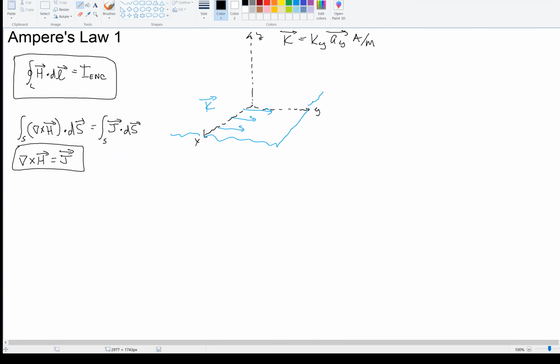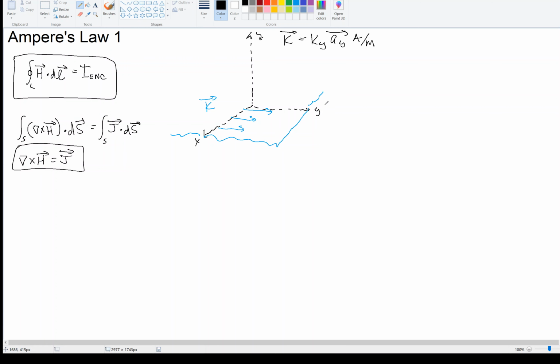Just like in the previous example, we knew that the magnetic field was circulating around the line of current. So we're going to try to get an idea of what the magnetic field looks like due to this. Actually, we know what it does because we solved it already from the Biot-Savart law.